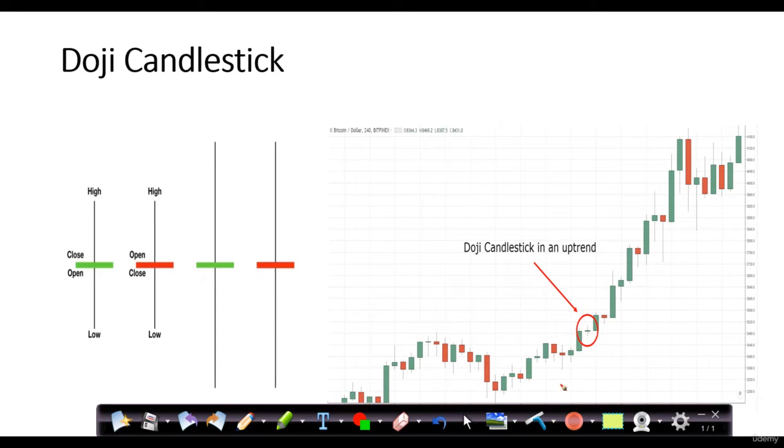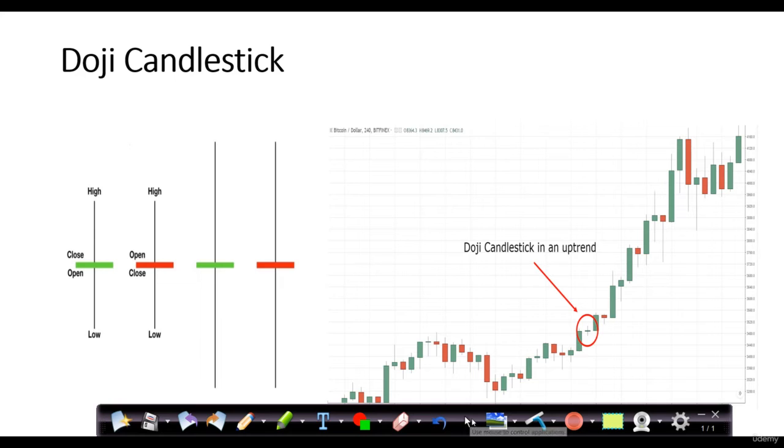Or, as a safe side, after the Doji candlestick forms, mark its high and low, just wait for another candle to close, and whenever another candle closes above the Doji candle, make an entry above that one and place the stop loss below this candle. The entry point is above this candle, and below the low of the Doji is the stop loss. It's a very safe position.